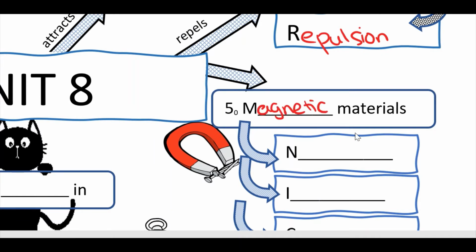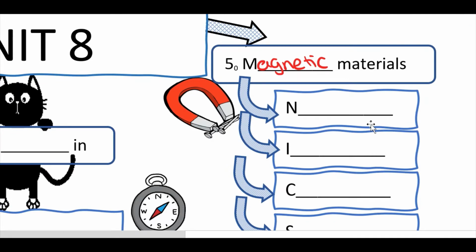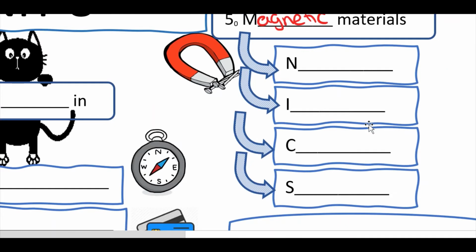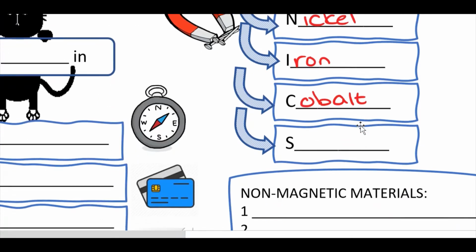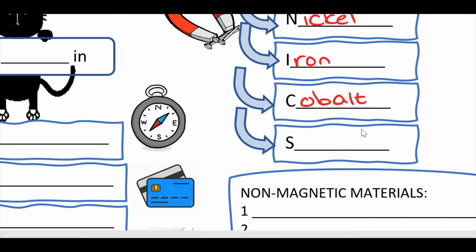Magnetic materials are materials that can be attracted to the magnet, and usually these are metals, but not all metals are magnetic. Only these four metals are. So they are nickel, iron, cobalt, and also steel.